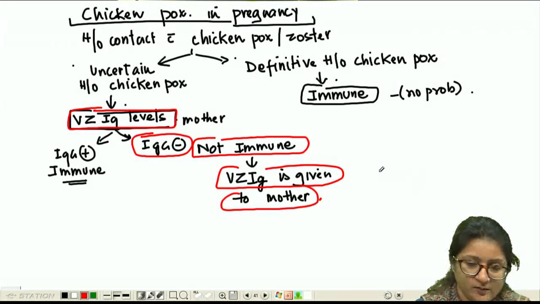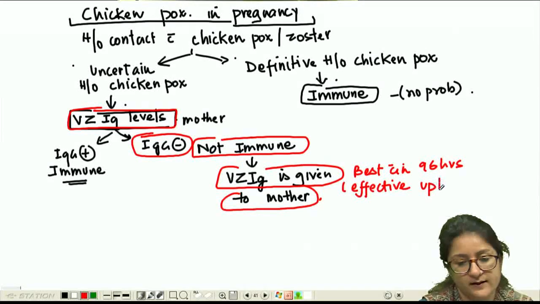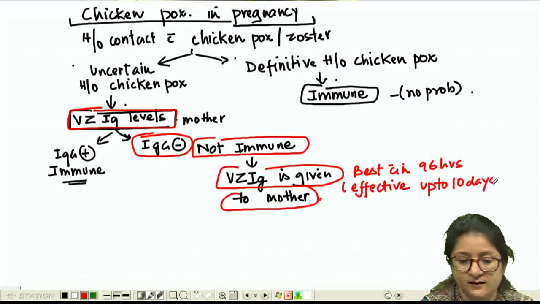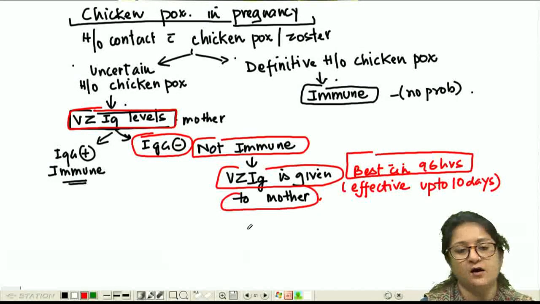Varicella zoster immunoglobulin is best given within 96 hours, and anyways it is effective up to 10 days, but it is best effective if given within 96 hours.